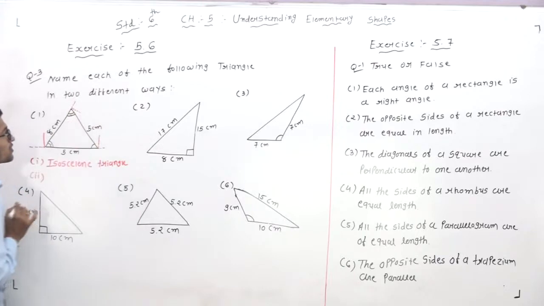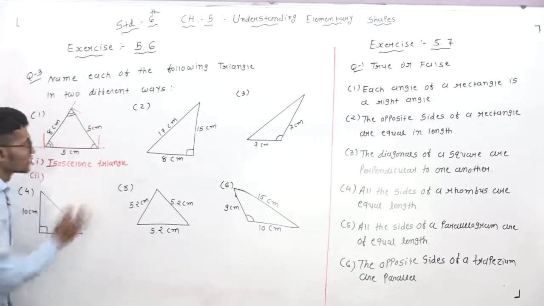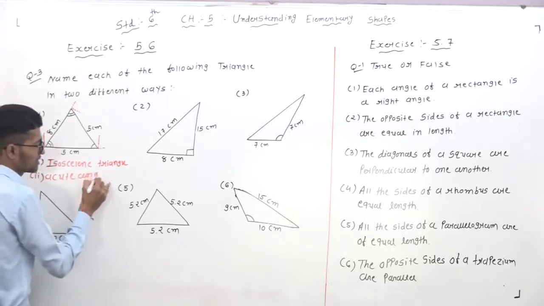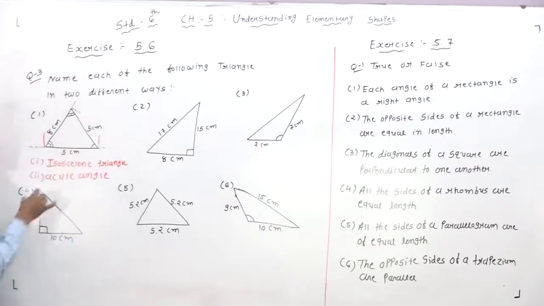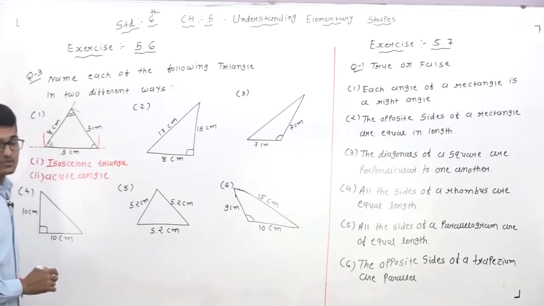It means all three angles are less than 90 degrees, so this one is an acute angle. So this means it is called an isosceles triangle, and one more name: this is an acute angle triangle. So these are our two different ways.